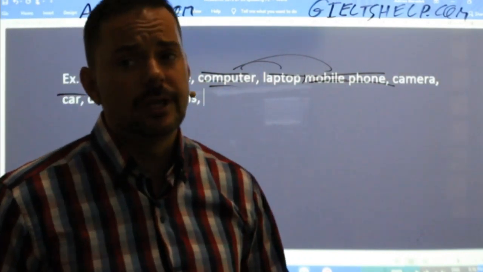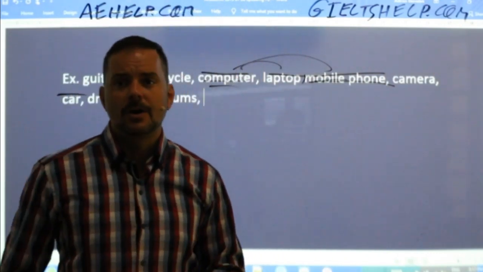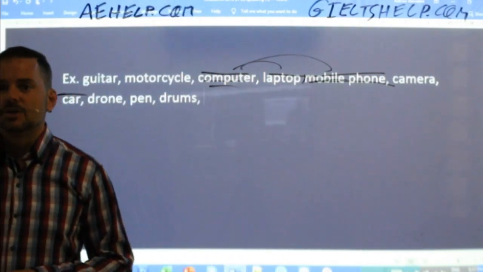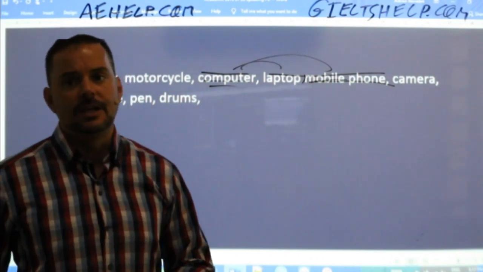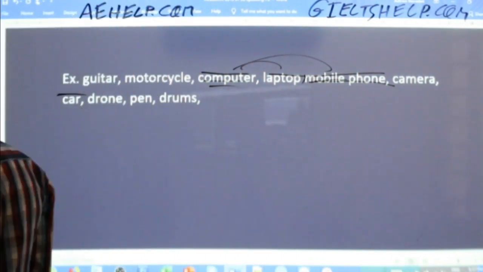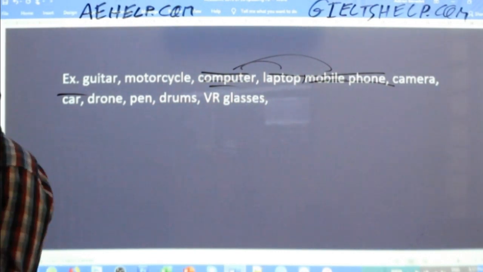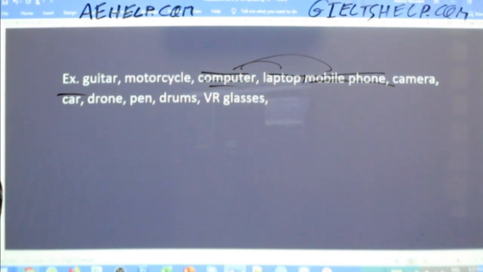It's not truly an object. Okay. All right. Remember, it's an object that you own. Lean Ahmed says virtual glasses. Virtual reality glasses, knife by Lovepreet.